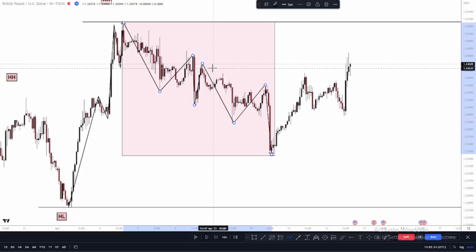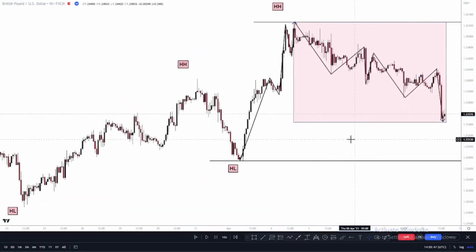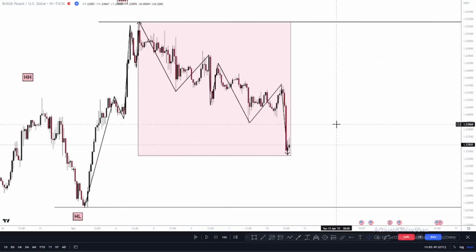So since price is bearish on the H1 time frame, what do I do? Let me go back in time so you all understand. Since price is creating a series of lower highs and lower lows on the H1 time frame, what do I do?